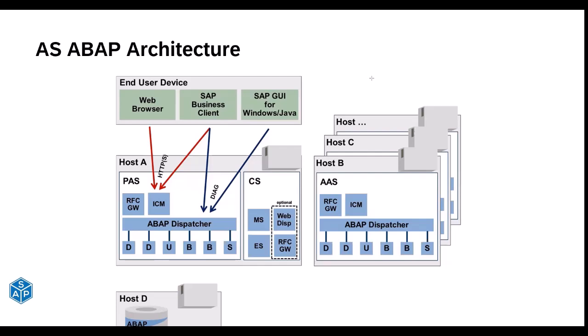For example, you have 20 dialog work processes and 5 background work processes. During the daytime, the dialog work processes will be fully loaded. Why? Because there are too many people working. Everyone is working from the office, from their warehouse, from their workshop, and on the field also they are connecting to the system for getting data and saving data.